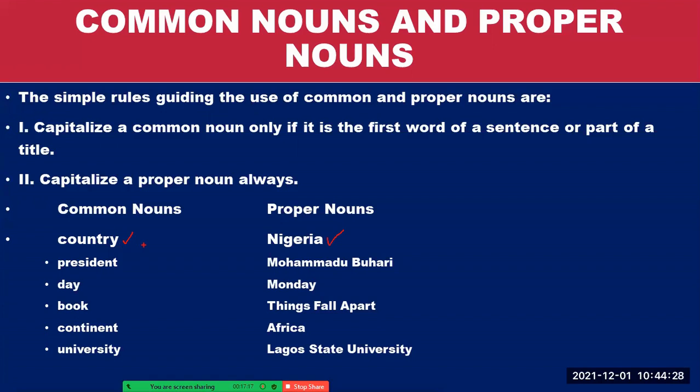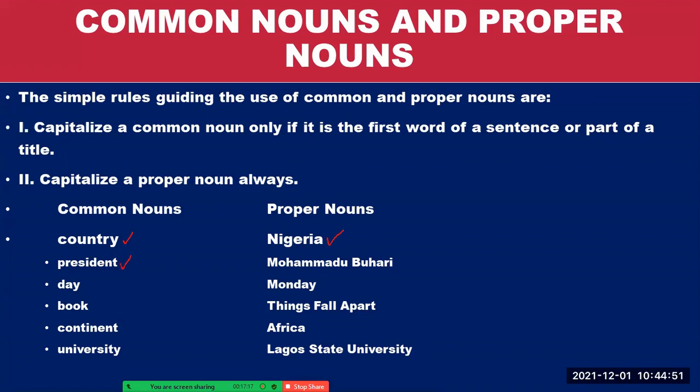America is a country. United Kingdom, France, Iran, Italy, these are all countries. So there are different countries. So country is a general name for that type of place. But Nigeria is the name of a particular country.